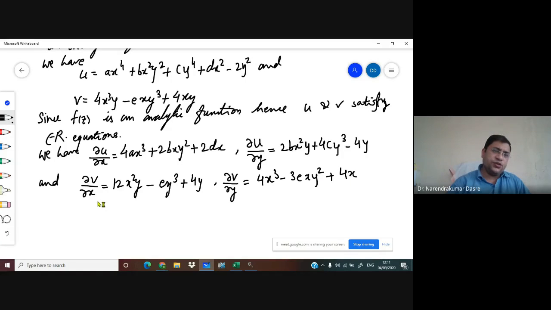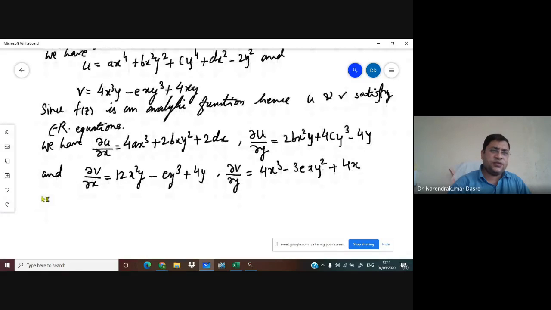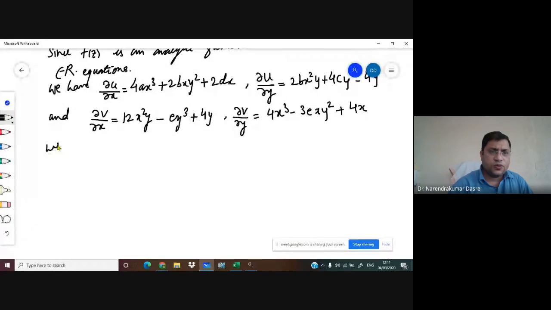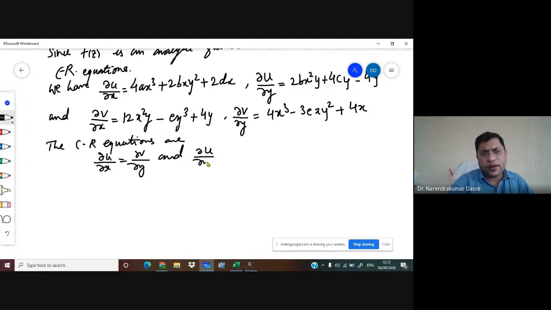Now let us use the CR equations. What are the CR equations? ∂u/∂x is equal to ∂v/∂y, and ∂u/∂y is equal to -∂v/∂x. Okay, so let us use this, that this term equals this term.